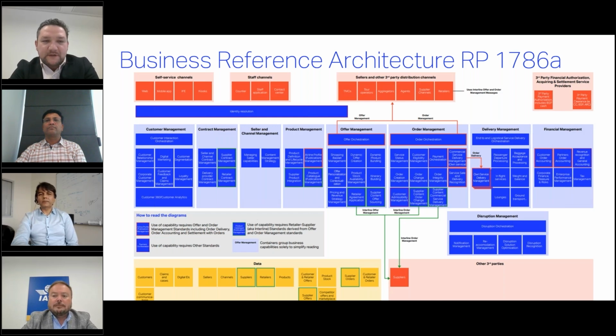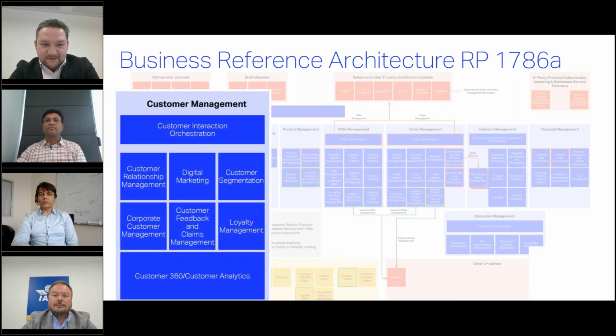Obviously, we're going to zoom in on the central blue parts here on the screen today. We'll start off with customer management. To give a little background, the concentration was on capabilities supporting offers and orders. Customer management is a capability that is core to offer and order, but is not part of offer management and order management per se.